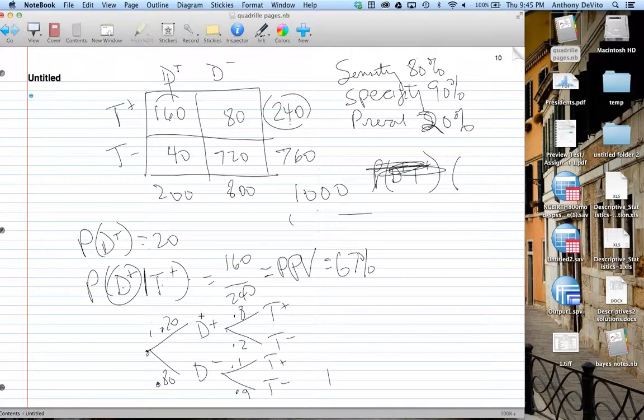The probability of testing positive and having the disease is 0.2 times 0.8, which is 0.16.